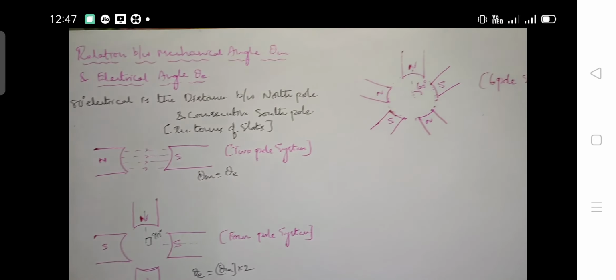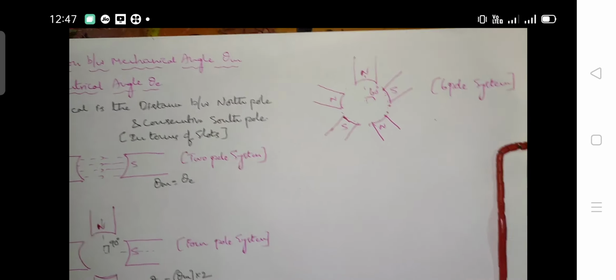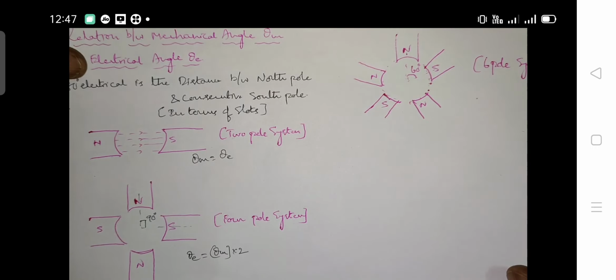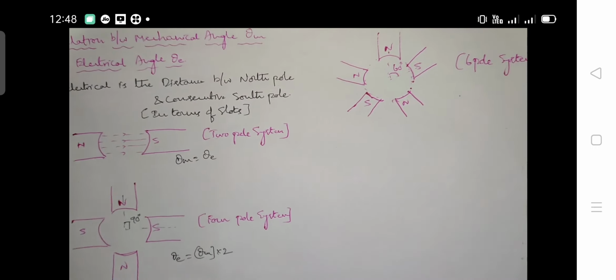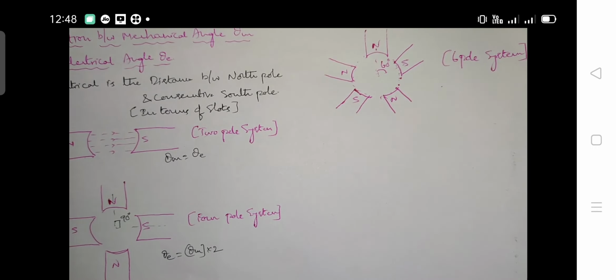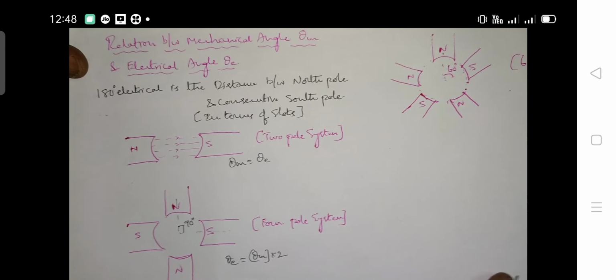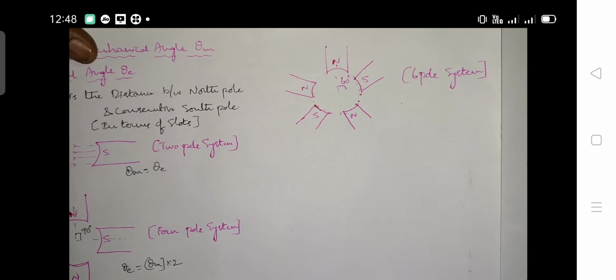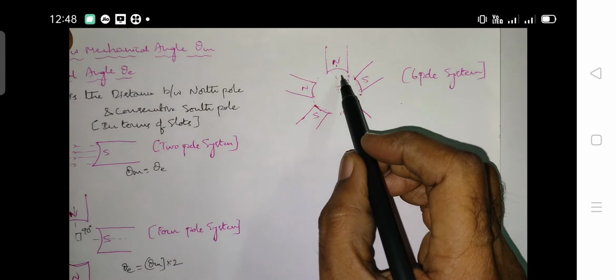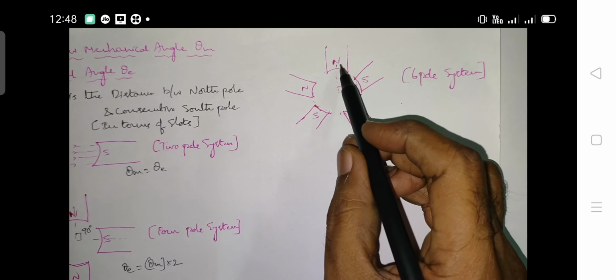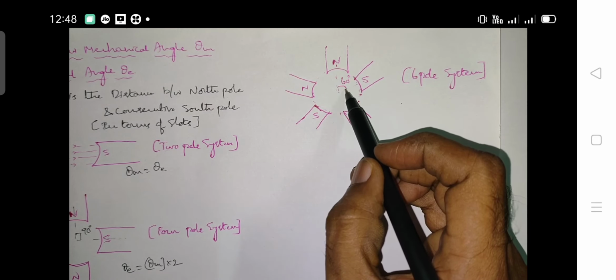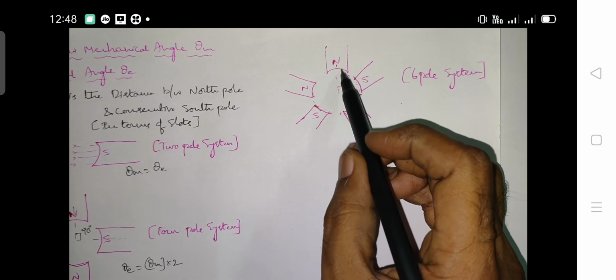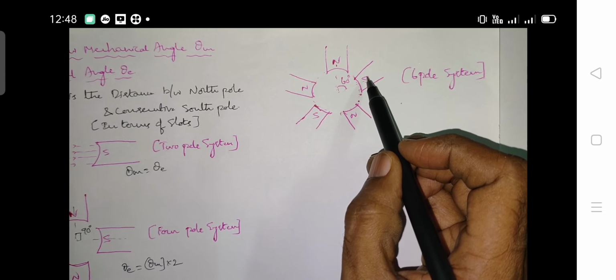Similarly, when you consider a 6-pole system, the physical mechanical angle between the north pole and the consecutive south pole will be equal to 60 degrees, whereas this will be equivalent to our 180 degrees electrical.